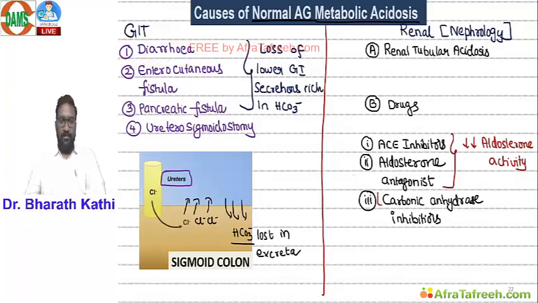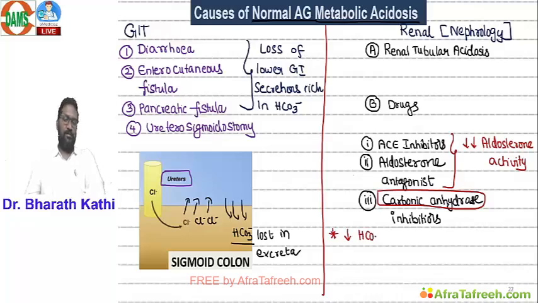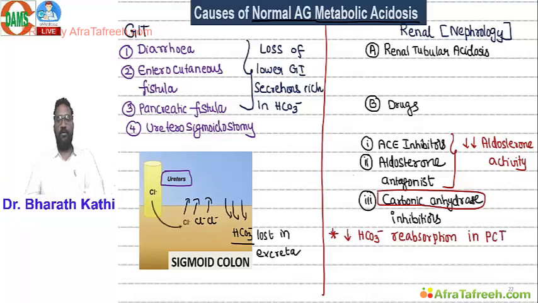Where is the enzyme carbonic anhydrase helpful? In the proximal convoluted tubule for reabsorption of bicarbonate. When you inhibit this enzyme, there will be decreased bicarbonate reabsorption in the PCT.